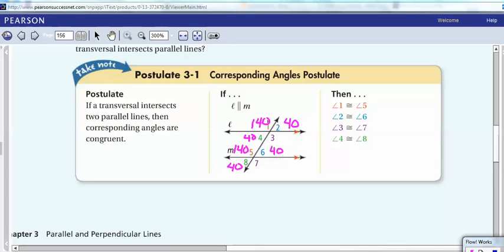If this is 40, what's 3? 140, because they're supplementary, same side interior. It's also vertical to 1, which was 140, and it corresponds to 7. Because it's corresponding, it's vertical, it's a linear pair, for all those reasons, okay? And all those definitions and terms want to get clearer and clearer in your head.